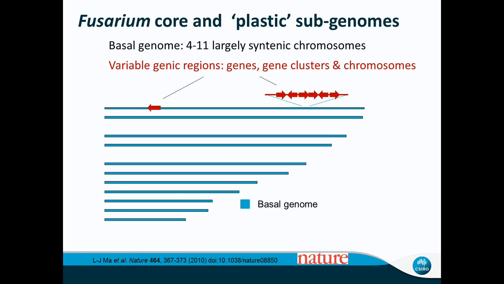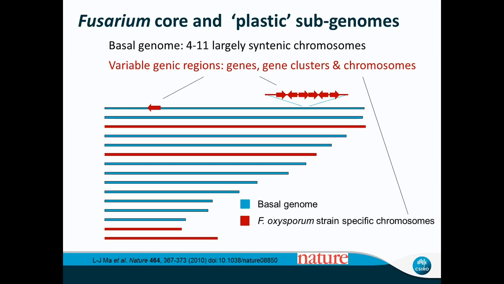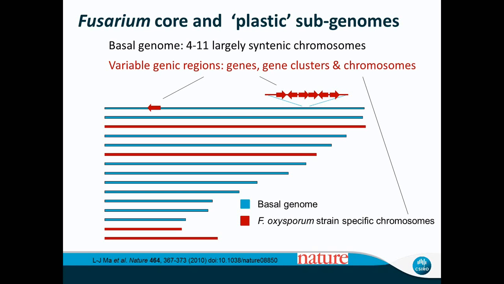Interestingly, there are also dispensable chromosomes or very strain-specific chromosomes, such as the ones depicted in red in this picture. They are specific to Fusarium oxysporum, for instance, in this case, especially the tomato-infecting strain, which contains these additional chromosomes.